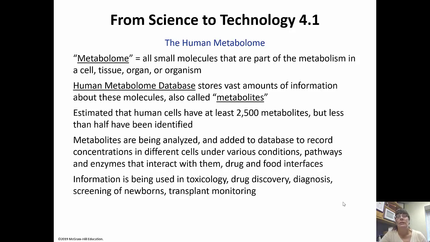So the information is being used in toxicology to try to figure out how people process drugs, and discovering new drugs even. And then, of course, diagnosing people, screening newborns, and transplant monitoring, which is a very important thing because transplants are so high risk anyway, and there's such a chance for rejection that we have to be very careful.